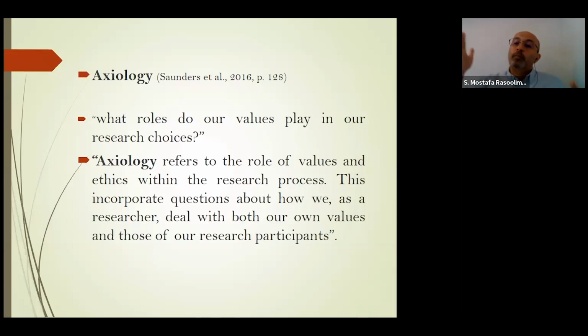One school of thought believes that it's not possible to interpret social phenomena independent of our values and attitudes. But another school of thought says it's possible. We can conduct research and interpret social phenomena independent of our values.